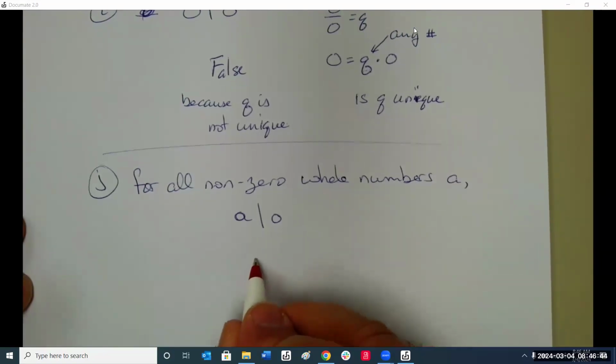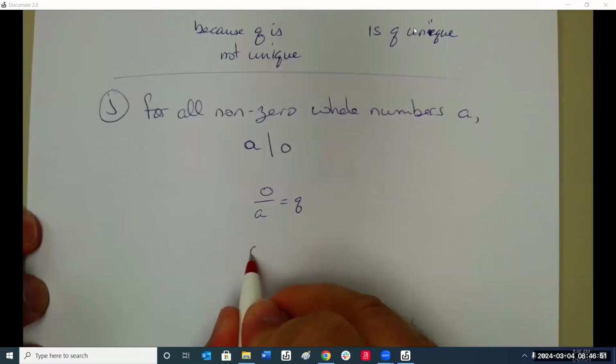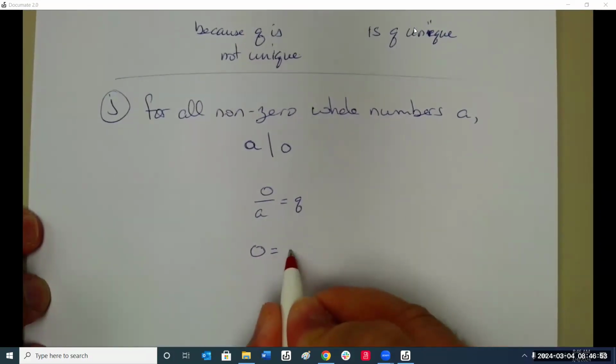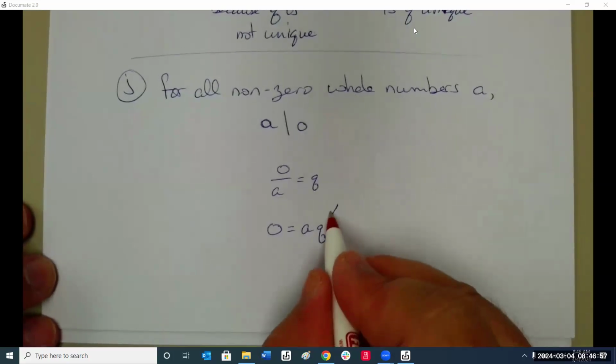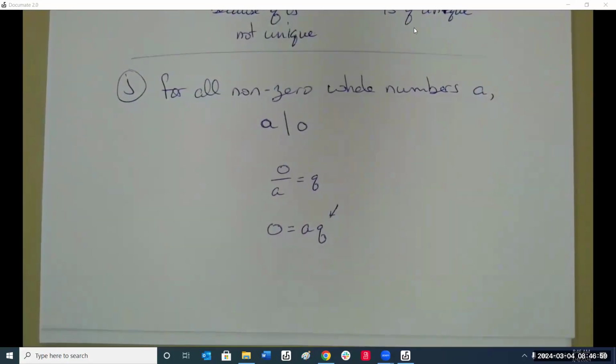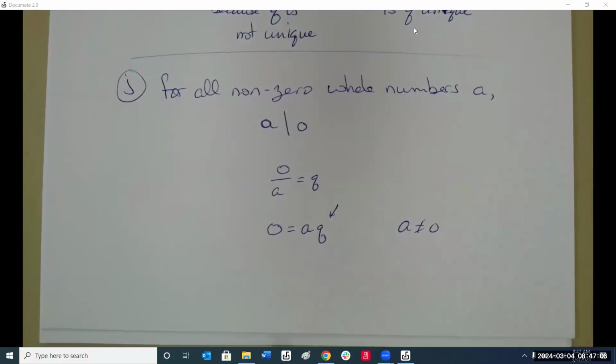So we can look at this as 0 divided by A equals some quotient. Is this quotient unique? When is this true? Remember, A is not equal to 0.